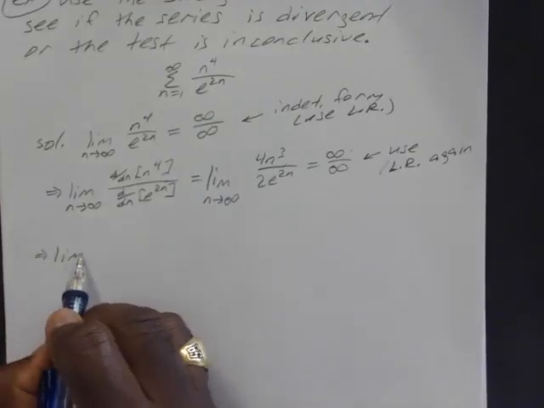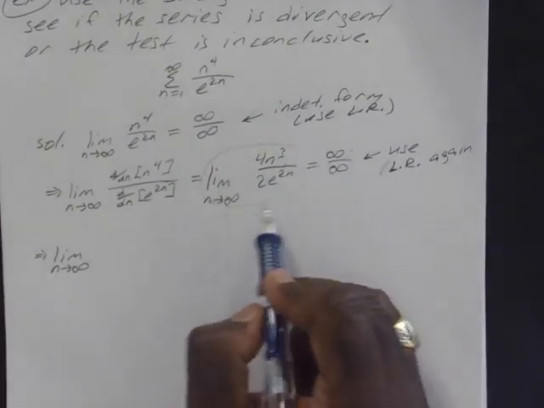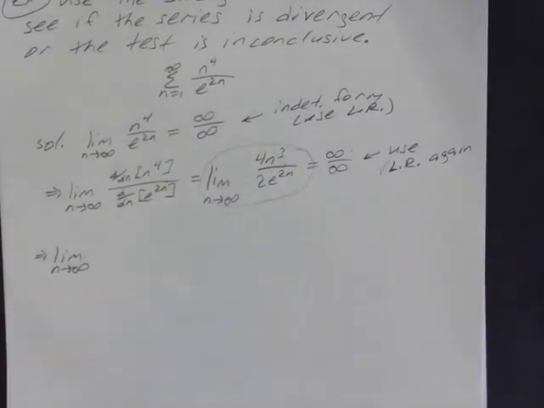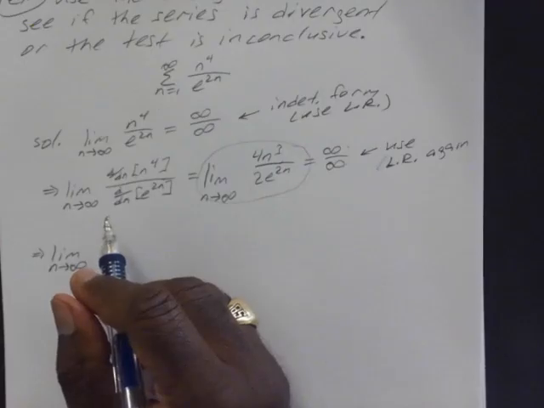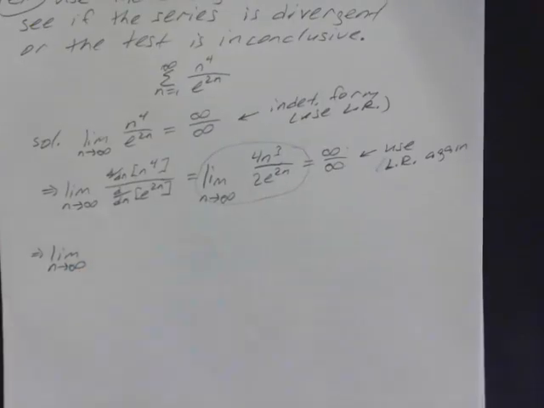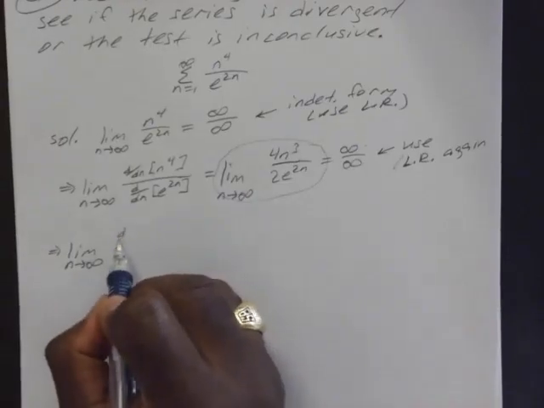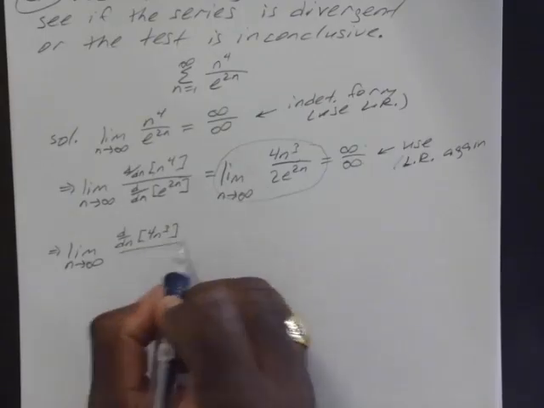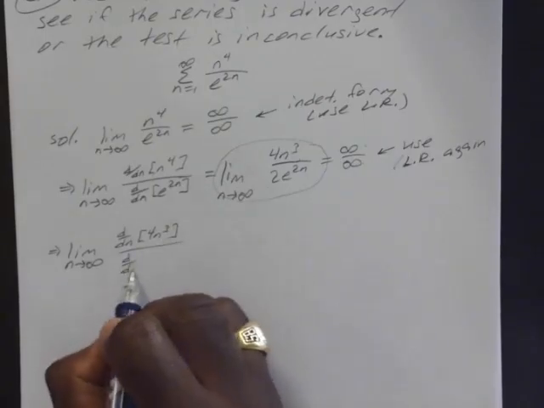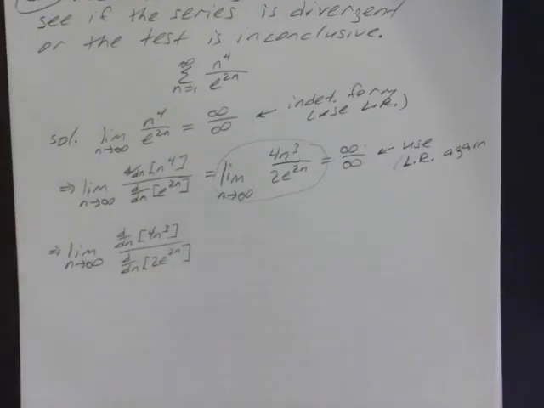So now we have the limit as n approaches infinity, but we use it on the previous series. So we have the derivative of 4n to the third power divided by the derivative of 2 times e to the power of 2n.